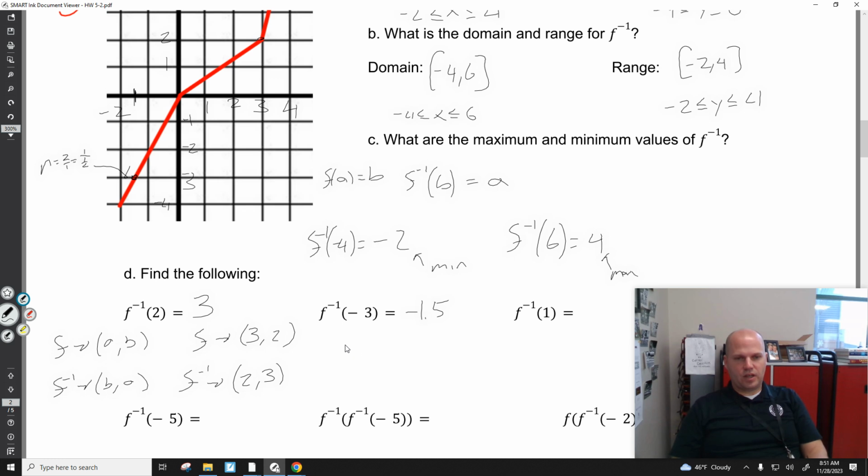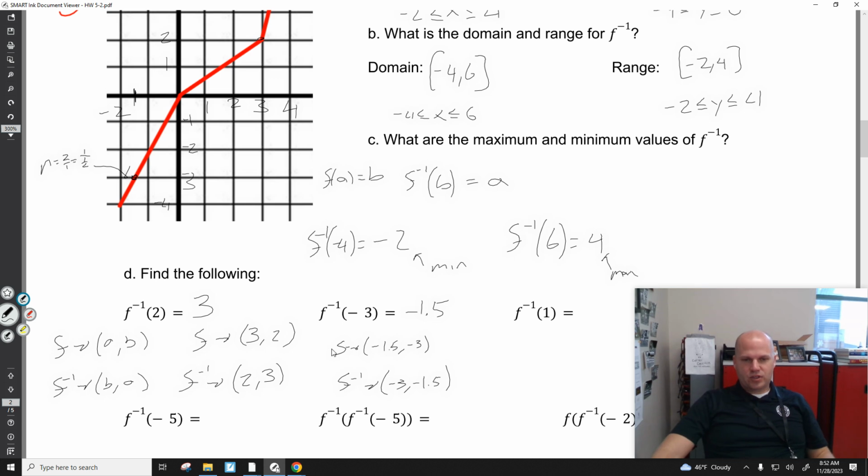Just to confirm things, f's got the point -1.5, -3. F inverse has to have the point -3, comma -1.5. That's using function notation. If you want to use points, this is what I do. In my calculus class, I say f's got the point -1.5, comma -3. F inverse has the point -3, comma -1.5. Okay. So we're good.